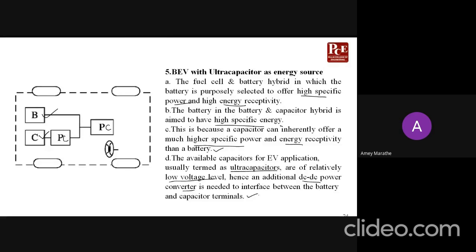When we are talking about DC-DC, that is why I said you require different types of DC-DC converters. Either you will require a step up or a step down. Depending on what type of configuration you have, you will require that particular DC-DC converter. So here, you will require an additional DC-DC power converter.